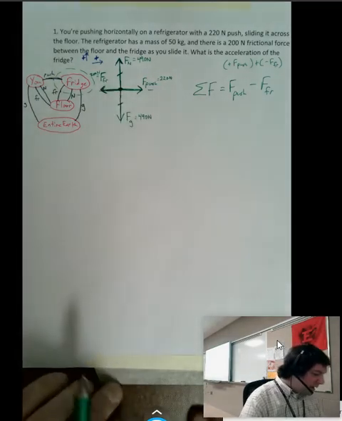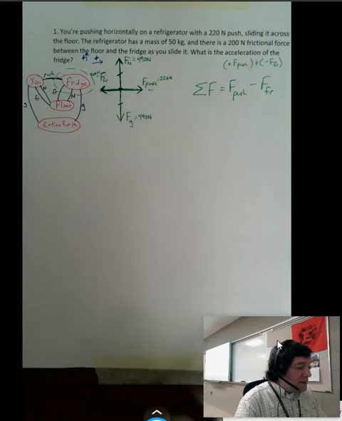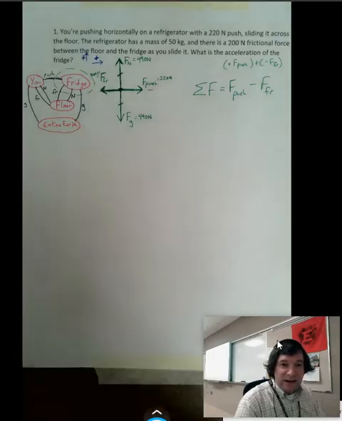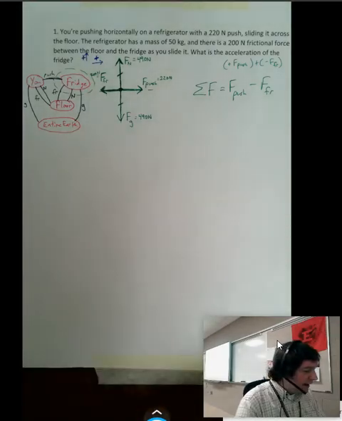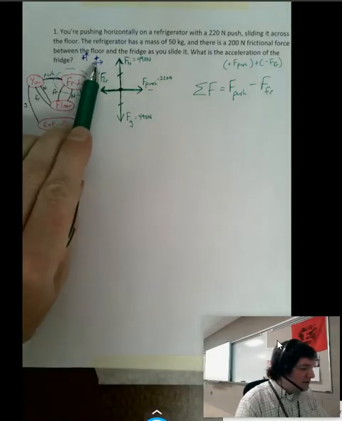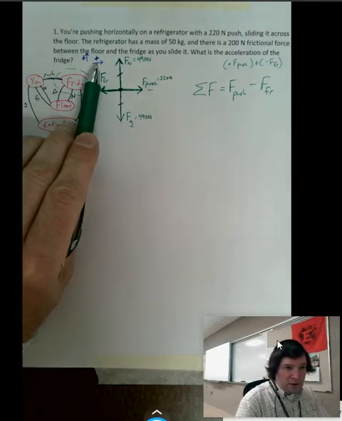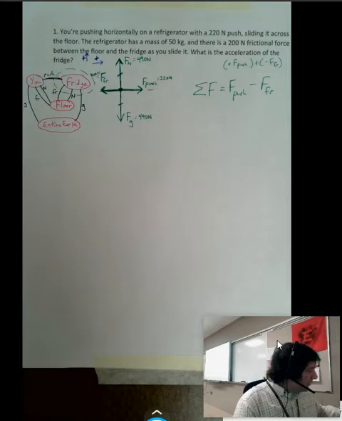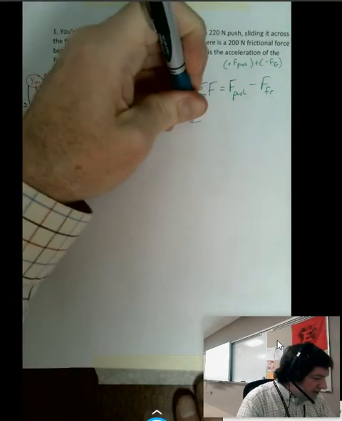And when I do it that way, sometimes I could also end up, like if this one were smaller than that one, with a negative net force, and that would be fine. That would just be telling me that my net force is in the opposite direction of the way that I said is positive. So now that I've got a net force, now I'm ready to use Newton's second law.